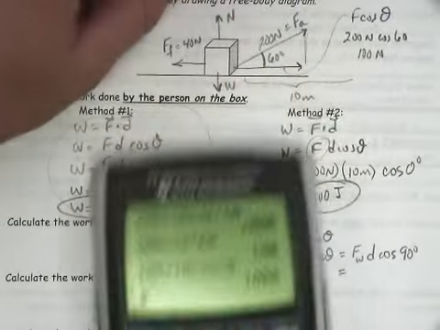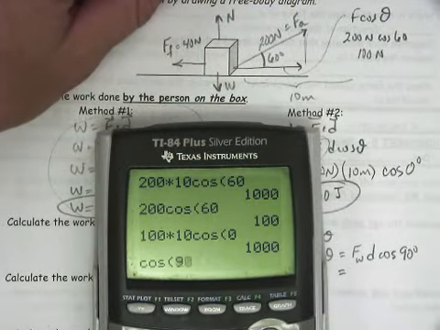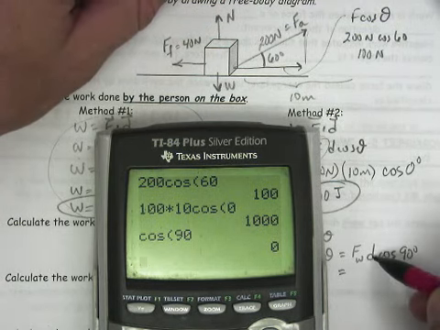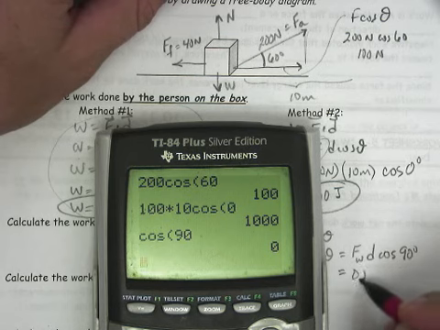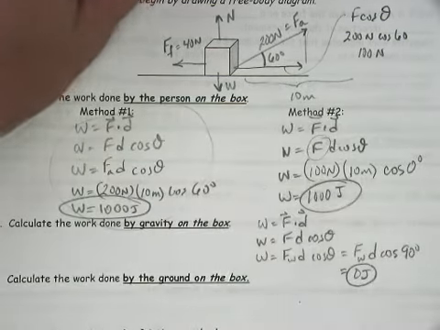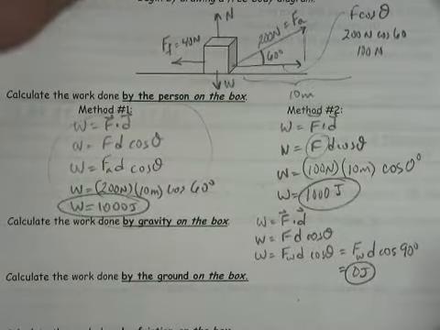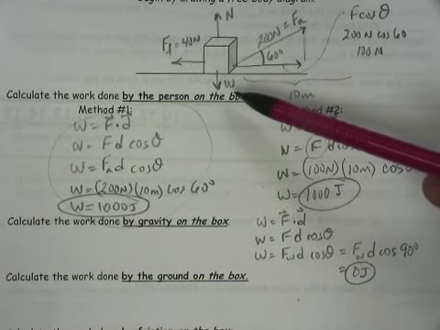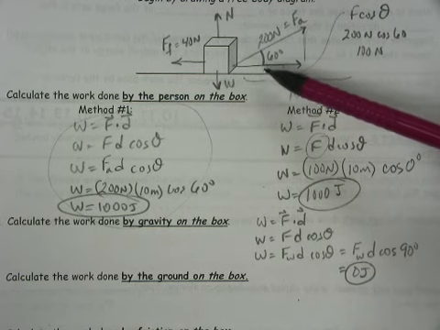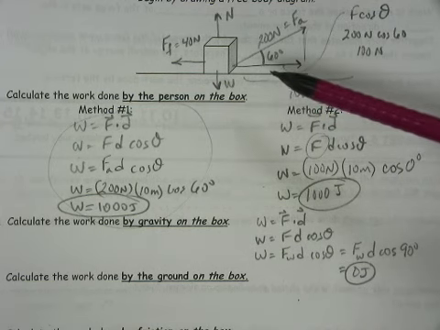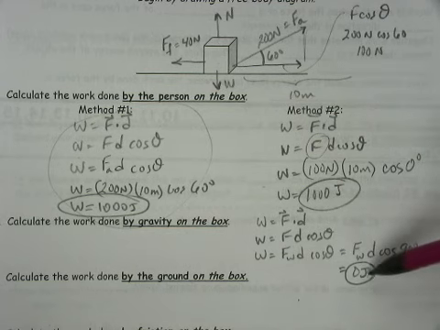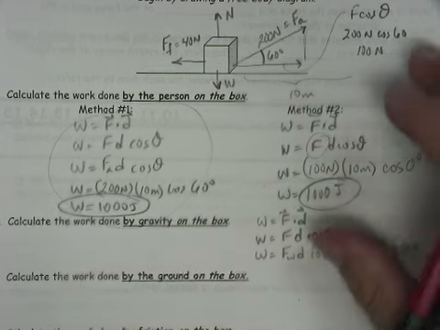If I do cosine of 90, by the way, make sure everything's in degrees, I get 0. Well, 0 times any distance and times any force is going to be 0 joules. So there is no work done by gravity, and that makes sense because the force exerted by gravity and the motion are perpendicular, and we shouldn't get any work done. That's what we were saying earlier in the previous video. So we have 0 joules right there.